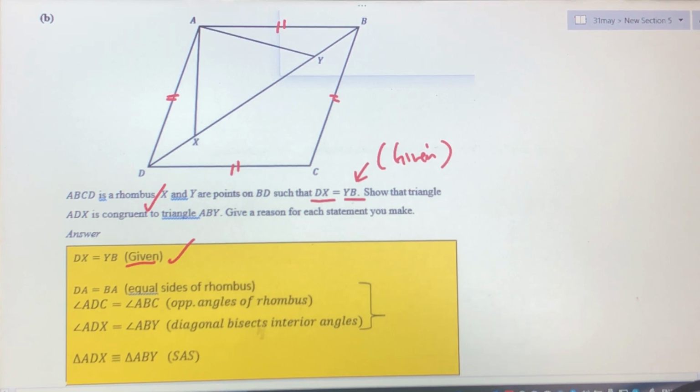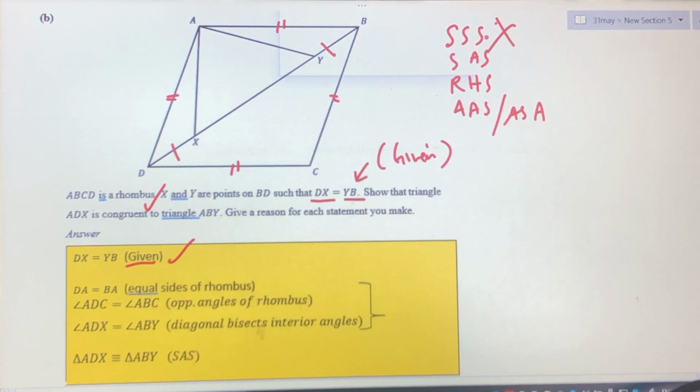Show that triangle ADX is congruent, same shape, same size, as ABY. We already have this pair the same. Then we already know this. So is it this, or this?